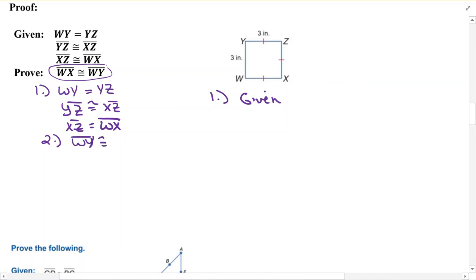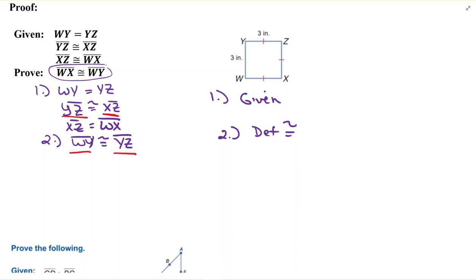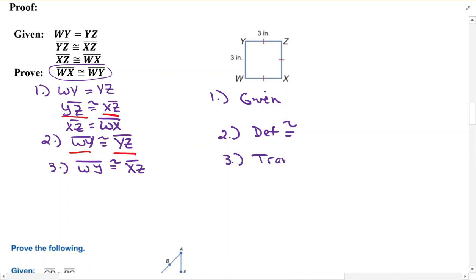So WY is congruent to YZ, and that's by definition of congruence. Then we have WY is congruent to YZ, and YZ is congruent to XZ. So we know that WY is congruent to XZ, and that's by transitive. And we can only do one transitive at a time.